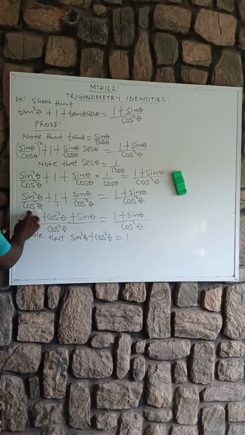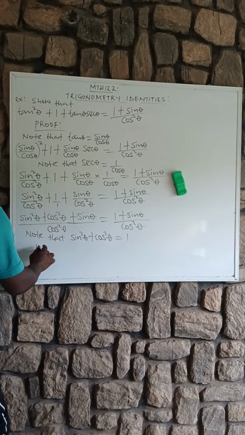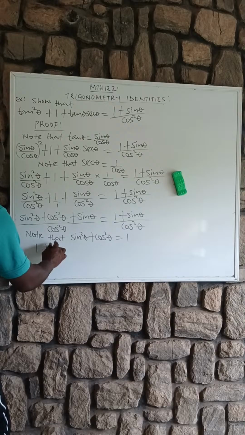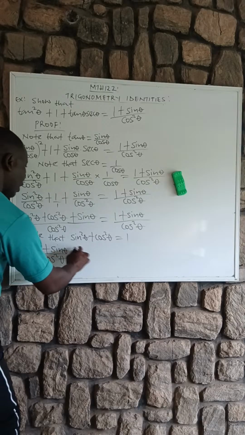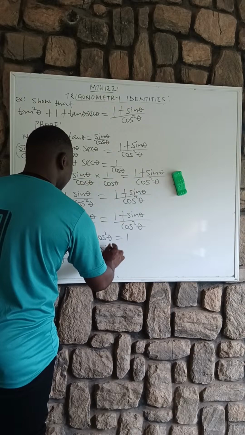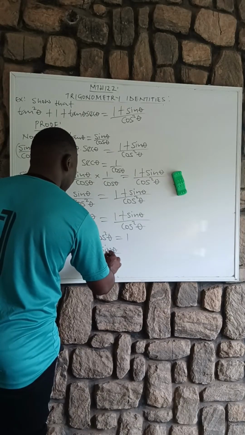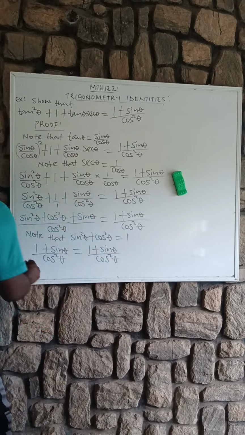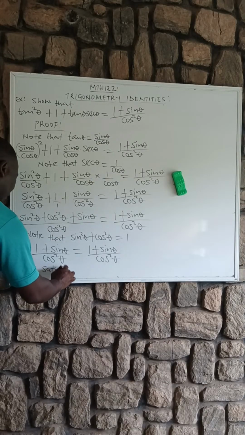So here will be 1 plus sine theta all over cos square theta, equals 1 plus sine theta all over cos square theta. And this satisfies the proof.